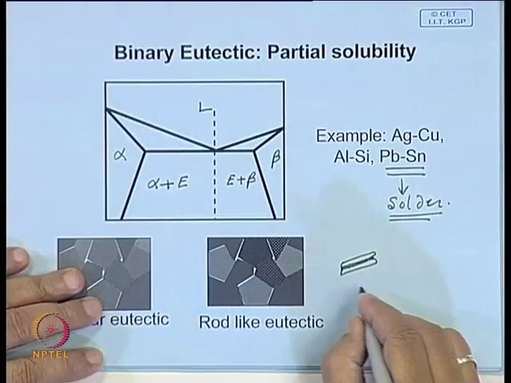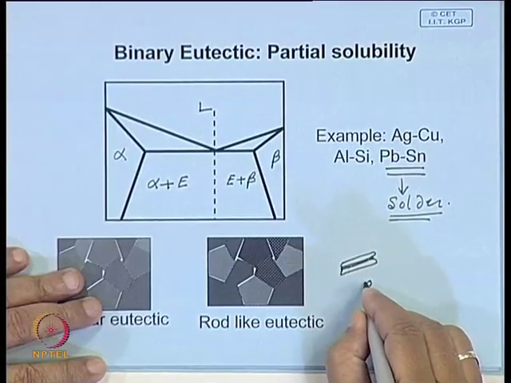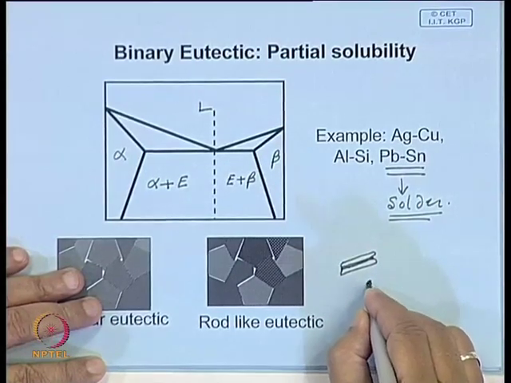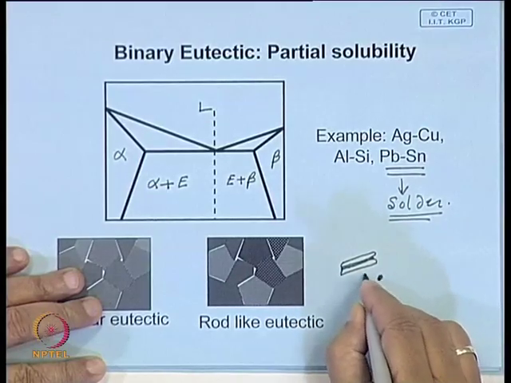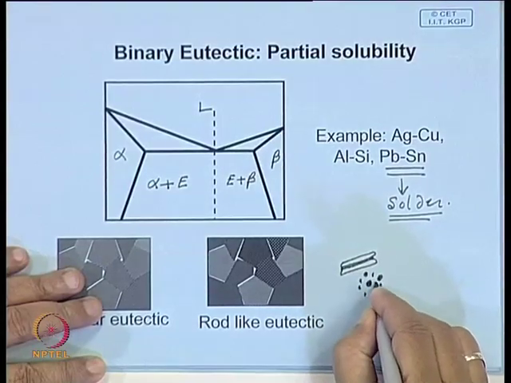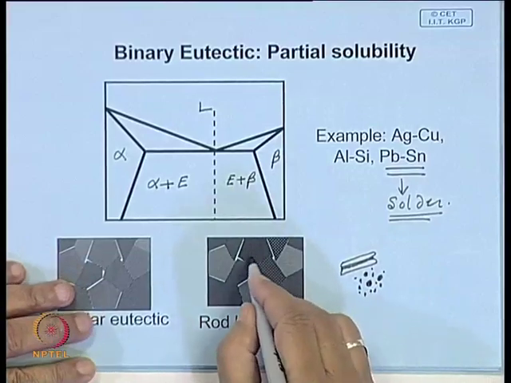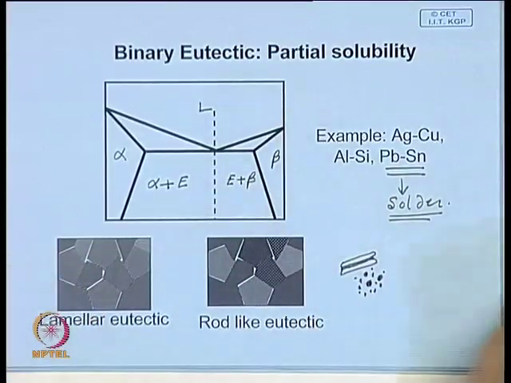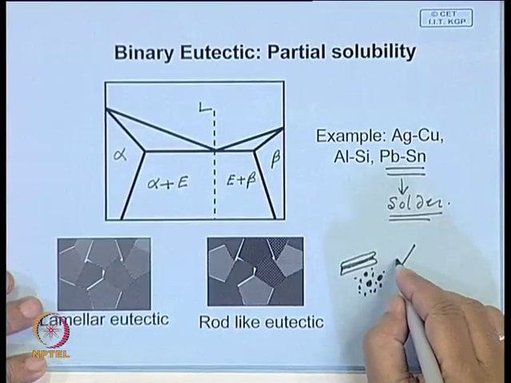Similarly, you can also have this type of structure. If alpha precipitates out, the surrounding is beta, again alpha precipitates out. So you can have a very intimate mixture of this kind of rod-like precipitate, which is schematically shown in this diagram. You can also have irregular structures, where maybe one phase is like this.